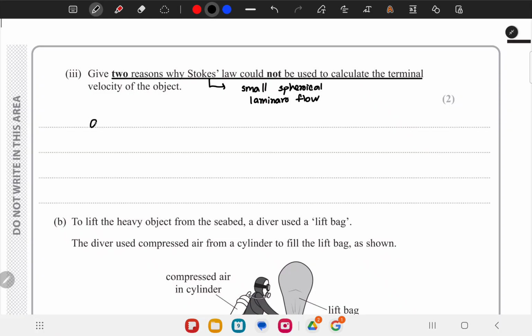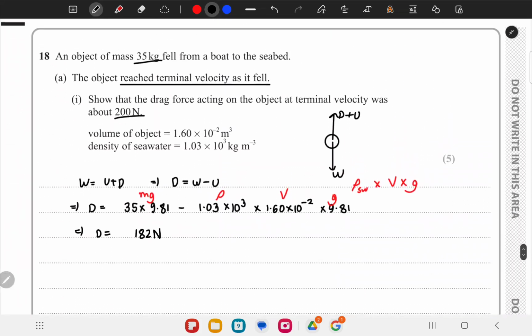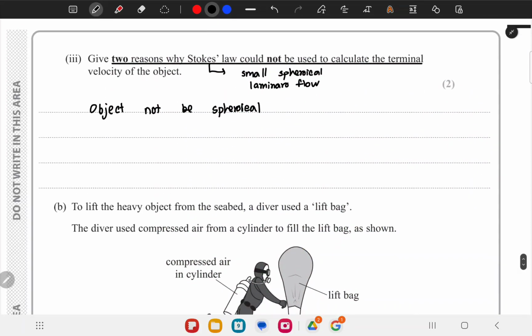The object might not be spherical, and the seawater might not have a laminar flow around the object. Flow might not be laminar is the second point.